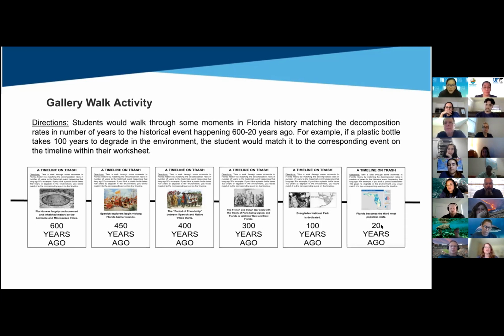Each of these items shows picture representations of events and times in the past, from 600 years ago to only 20 years ago. Then they are going to take the worksheet that has 6 different plastic items, and they're going to try and decide which item matches up with that time from the past.